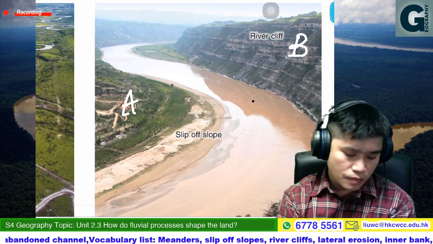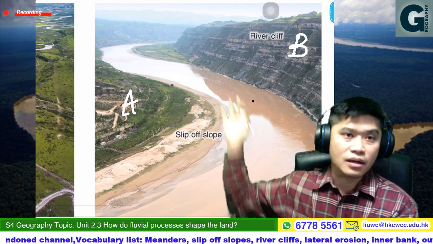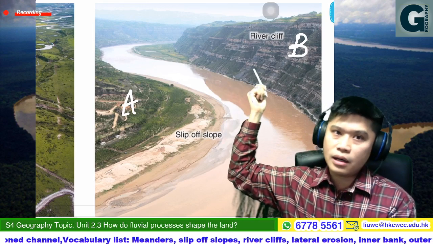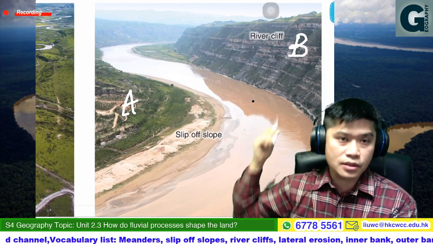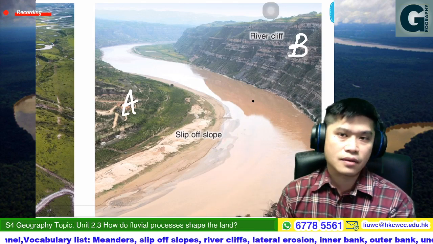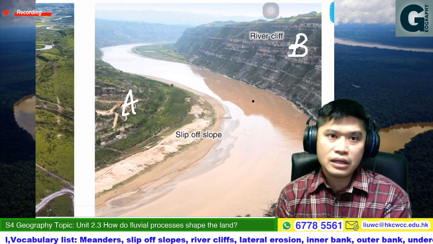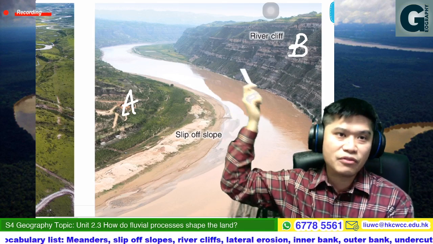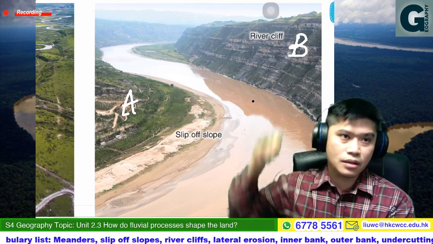It means that the material on side B, in the future, may collapse. It may be eroded by the river. It may disappear. So therefore, it is not a good idea to build something or settle on side B.